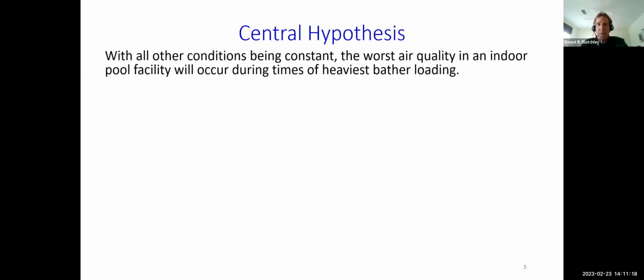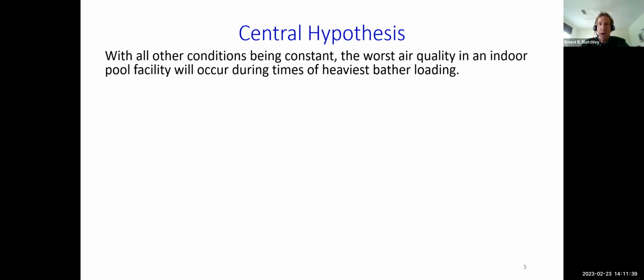The central hypothesis of the work that I'm going to present is that, with all other conditions being constant, the worst air quality that we're going to observe in an indoor swimming pool facility or natatorium will occur at the times of heaviest bather loading. There may be other attributes that contribute to this, but this one seems pretty clear.